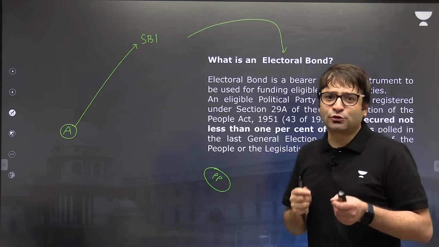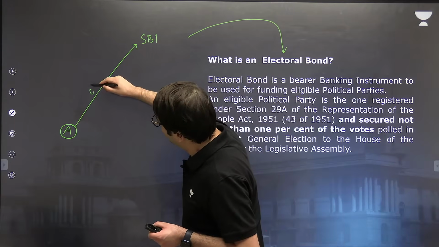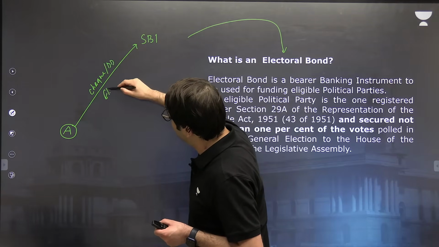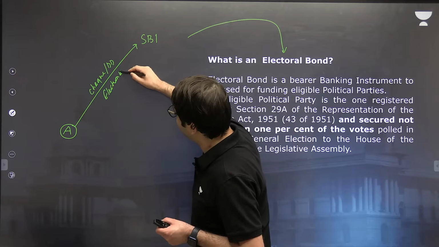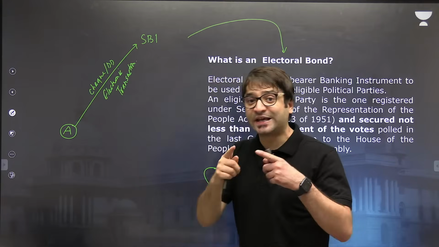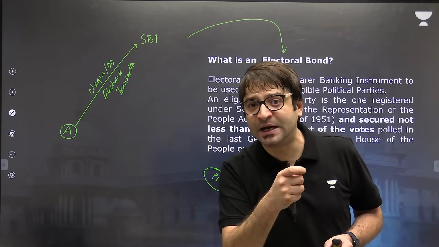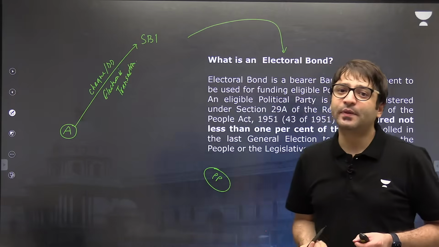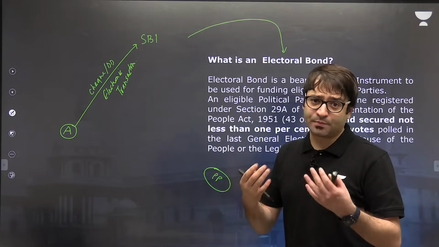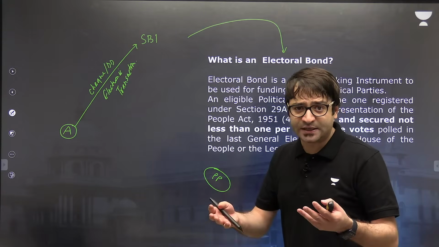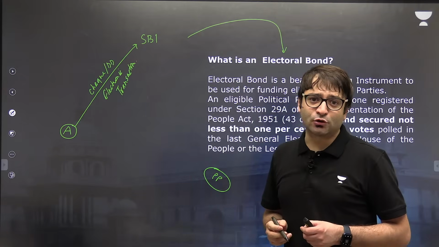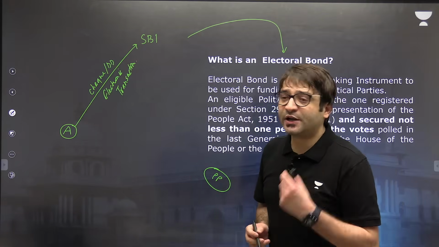But how do you buy these electoral bonds? In the form of a check, a demand draft, or an electronic transaction. That means you cannot buy these electoral bonds using cash, which means cash is eliminated from political funding. What is the denomination?